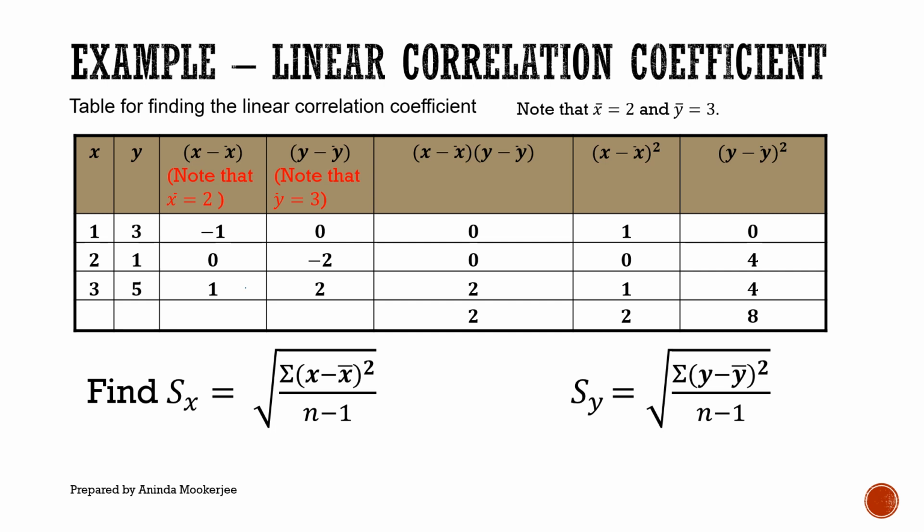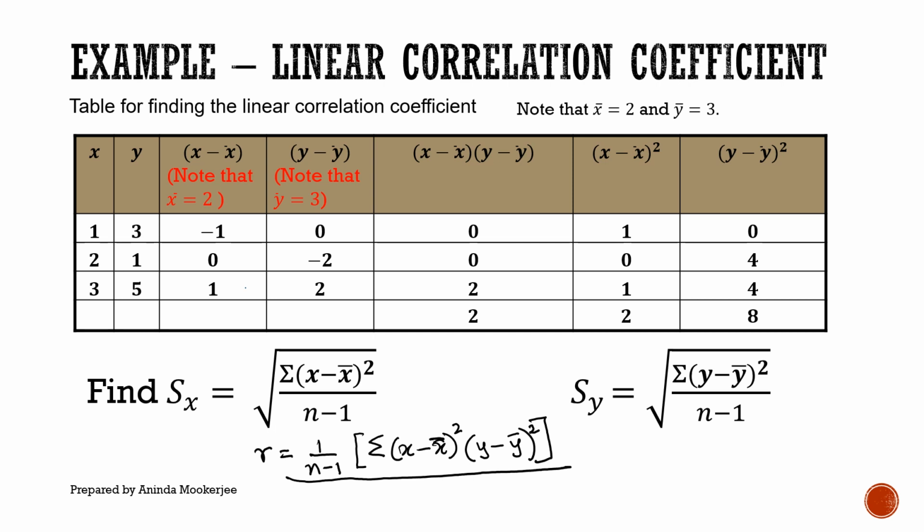But before I begin, let's just write the formula for R. Okay, so the formula is R equals 1 divided by n minus 1, and then we have sigma of x minus x bar times y minus y bar, and then the whole thing divided by s sub x times s sub y.